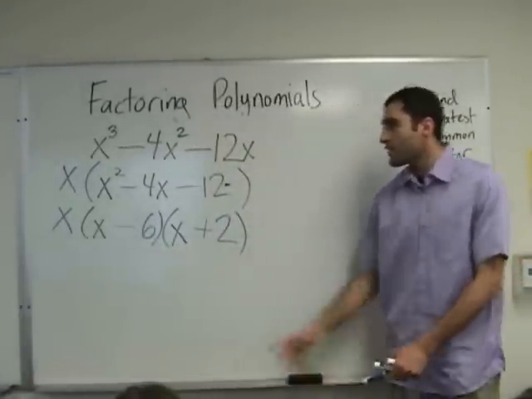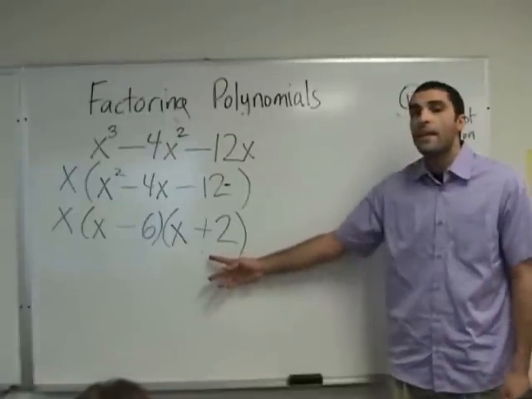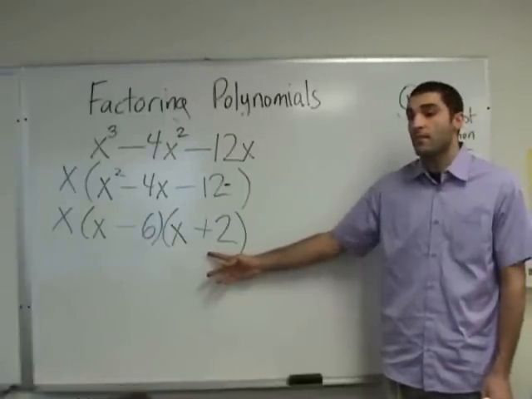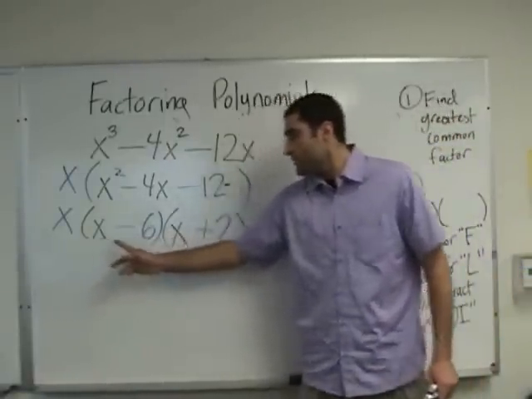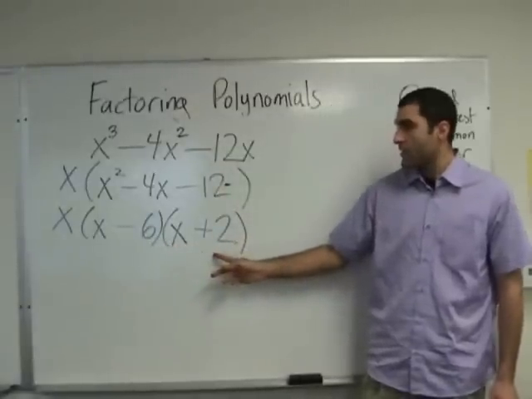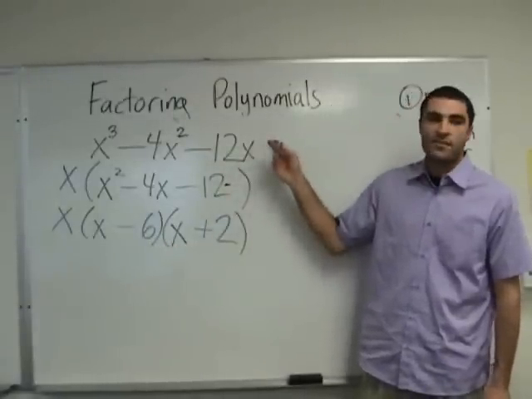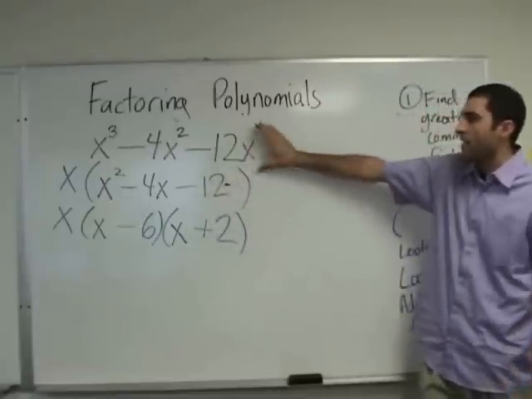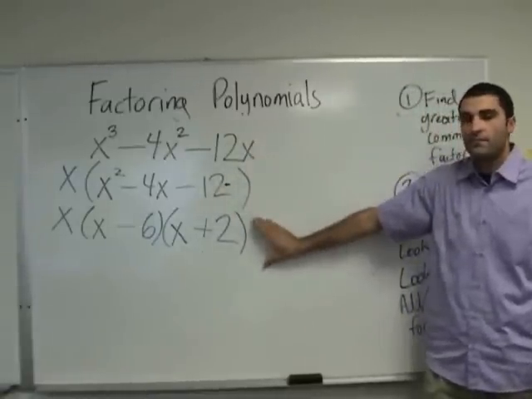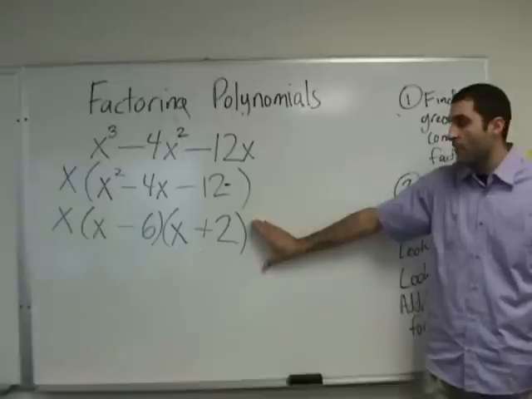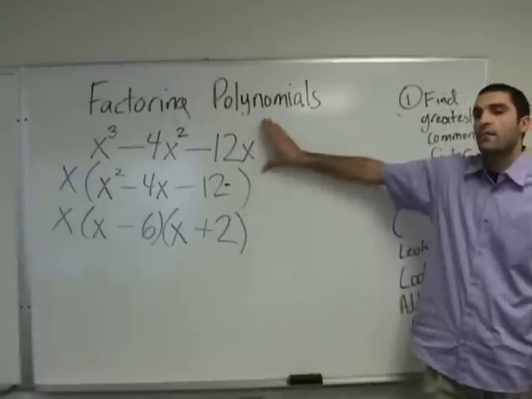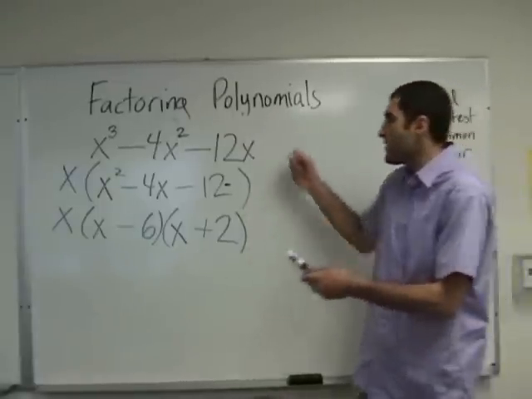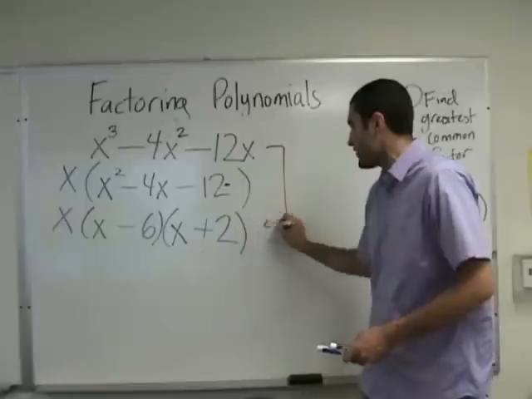Now look at this closely. If we distributed these three, we would end up with this. So factoring is going from here to here, and distributing is going from here to here. But the point is, these two equations are equivalent.